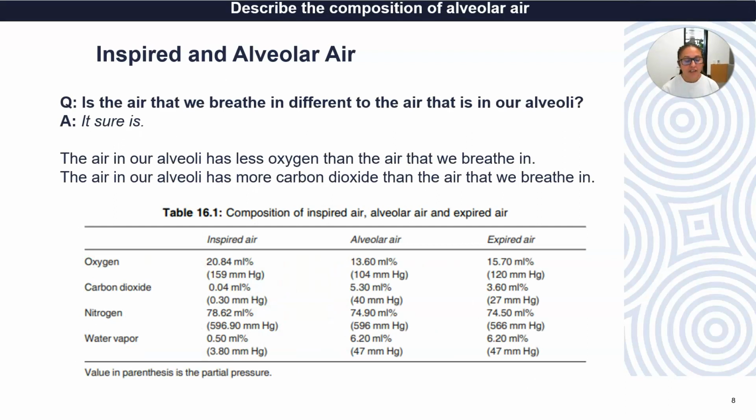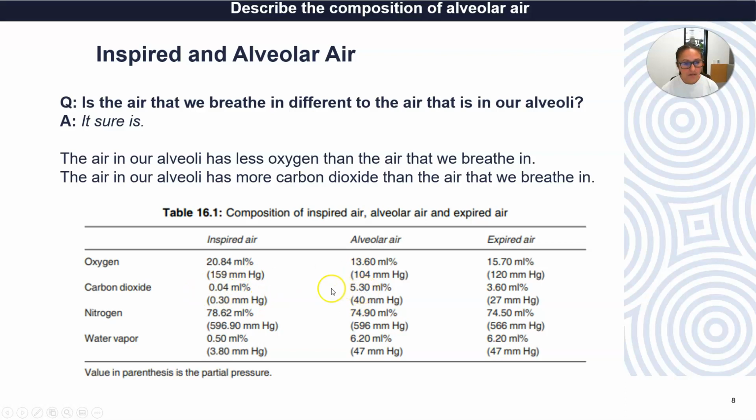So let's have a look and see if there's any differences between the air that we breathe in and what's already in our alveoli, okay? Let's have a look at oxygen. Can you see here that we have less oxygen in the air in our alveoli? What about carbon dioxide?